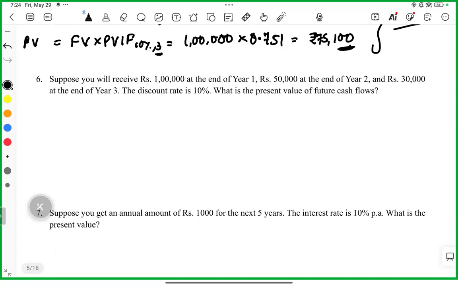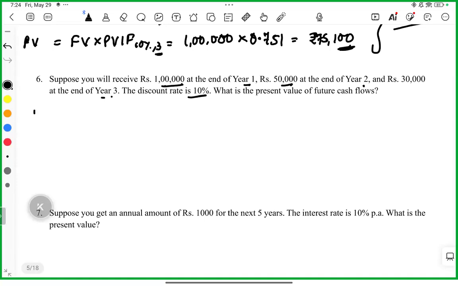So suppose you will receive 1 lakh at the end of year 1, 50,000 at the end of year 2, 30,000 at the end of year 3. Discounting rate or R is equal to 10%. What is the present value of future cash flow? So since you are receiving different cash flows at different time periods, what you have to do is you have to find out present value of each cash flow and then make a total.